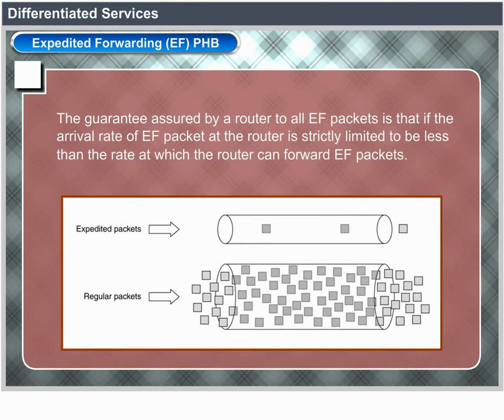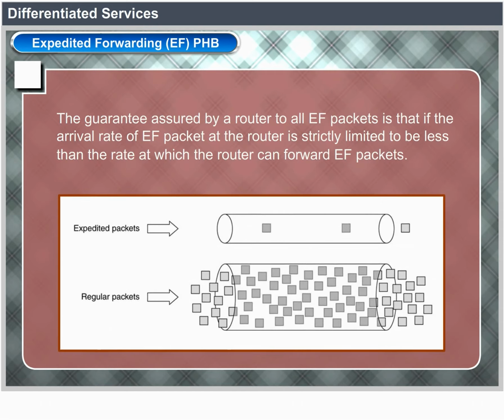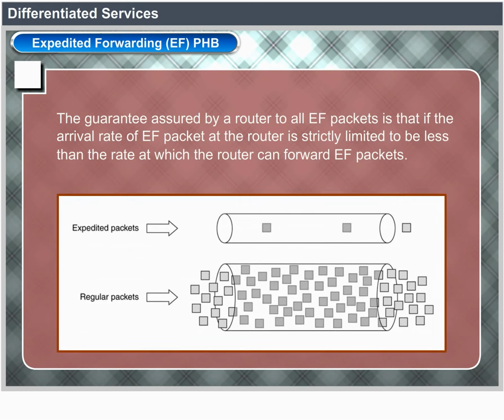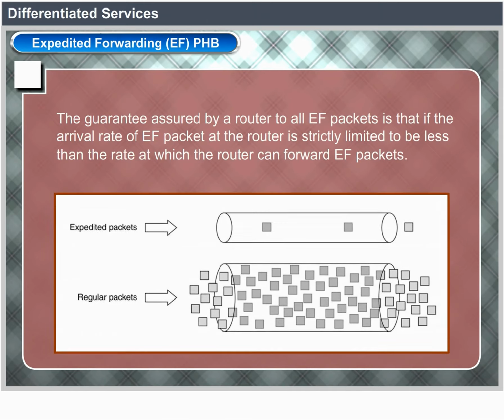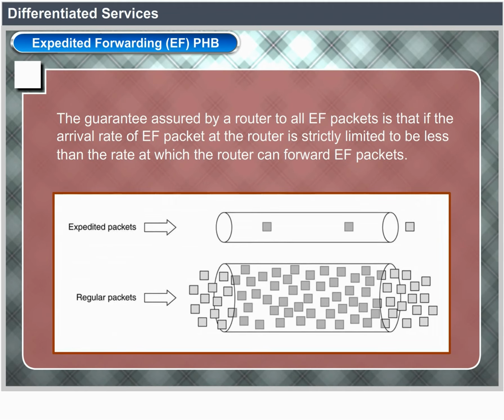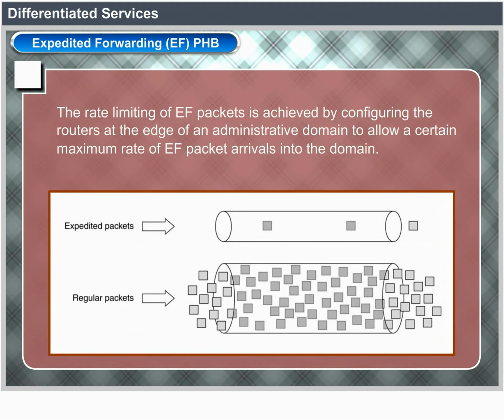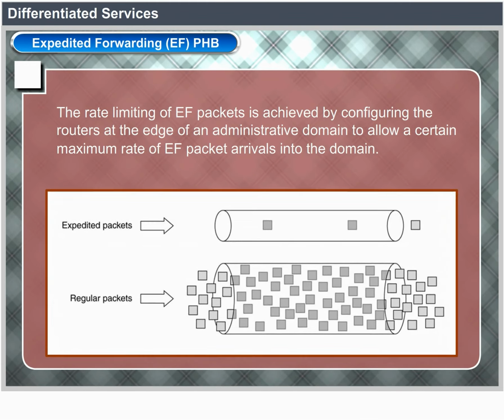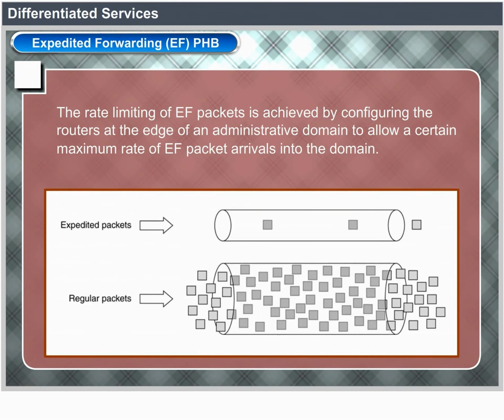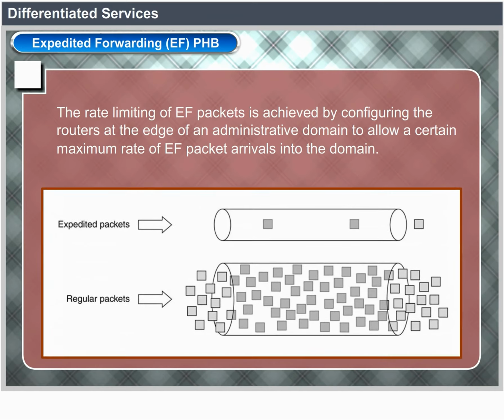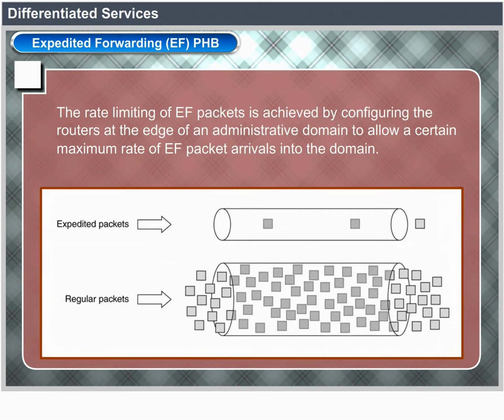The only way that a router can guarantee this to all EF packets is if the arrival rate of EF packets at the router is strictly limited to be less than the rate at which the router can forward EF packets. The rate limiting of EF packets is achieved by configuring the routers at the edge of an administrative domain to allow a certain maximum rate of EF packet arrivals into the domain.